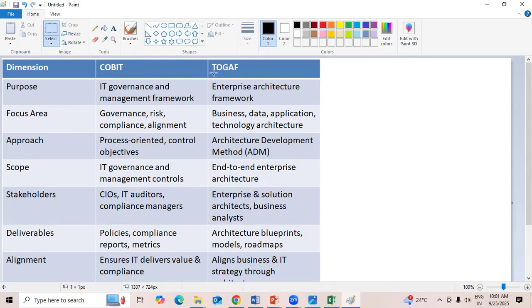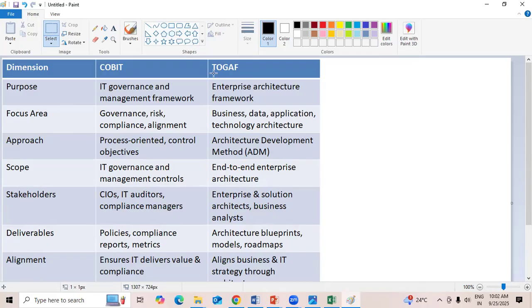Now, one more comparison is the focus areas. When we are focusing on COBIT, it is majorly on governance as well as risk, compliance, alignment, all these. Whereas TOGAF's focus area is majorly the business perspective, starting with understanding the business architecture: what goals, what mission, what KPIs, key performance indicators they follow.